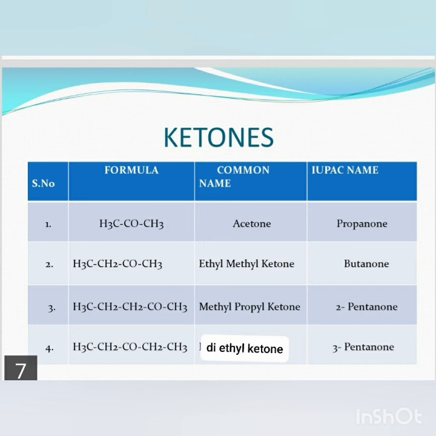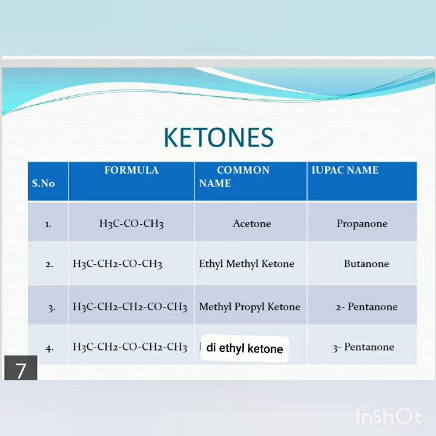Pent means 5 carbon atoms, the primary suffix is "-ane" and the secondary suffix is "-one". At the third carbon, the C double bond O group is present. So the name of the compound is 3-pentanone.